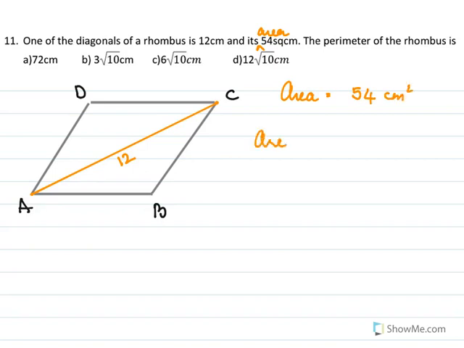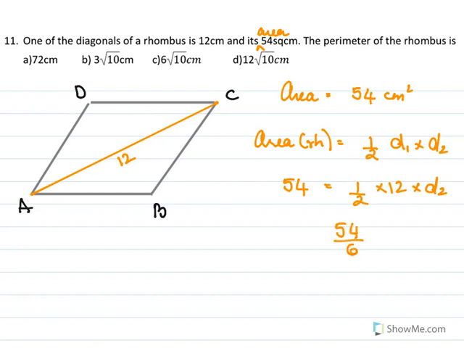Now the formula for area of a rhombus we know is half diagonal 1 into diagonal 2. So this is 54, half, diagonal 1 is 12, into diagonal 2. So diagonal 2 will be 54 over 6. So 9 will be diagonal 2.